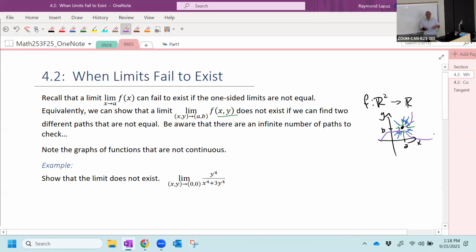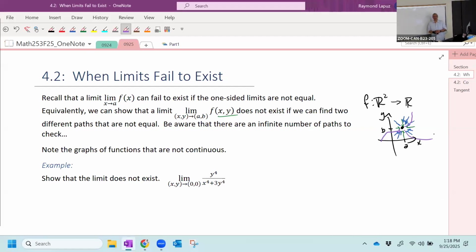So if we just check an infinite number of paths to get there, then we're all set, right? So to show when the limit exists, we would have to check an infinite number of paths to get to that point. How would you show when the limit doesn't exist?